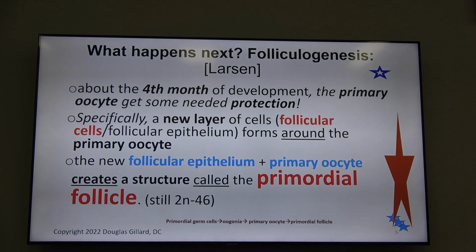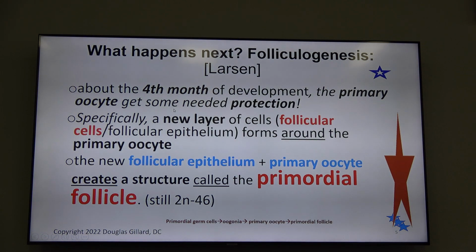All right, so let's continue the story. And I try to keep this little recap down here because it gets complicated. So we started with primordial germ cells. They got a little bit bigger in size, became oogonia, and then they turned into a primary oocyte. So we're going to make that right now. So about month 4, the primary oocyte needs protection.